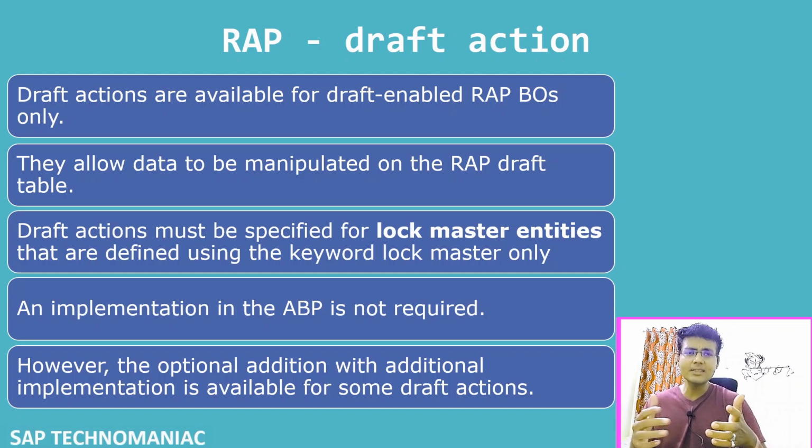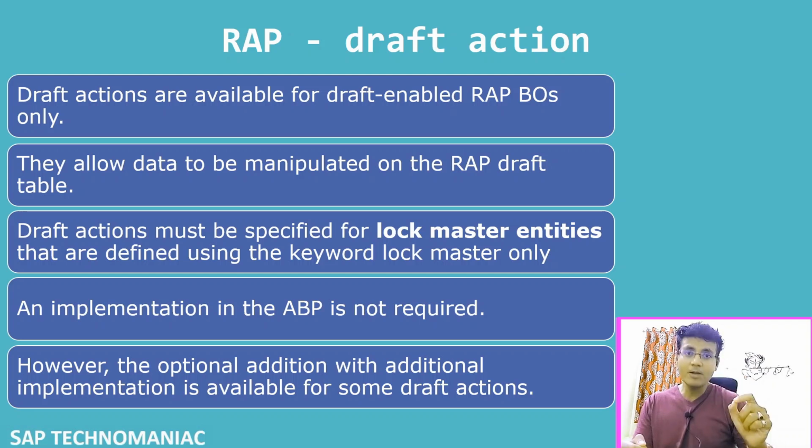These are like the normal actions we define in our applications, like accept travel, reject travel, deduct discount. Those kinds of buttons and actions we have defined for our application. In the same way, whenever you are creating draft applications, these draft actions we have to define.